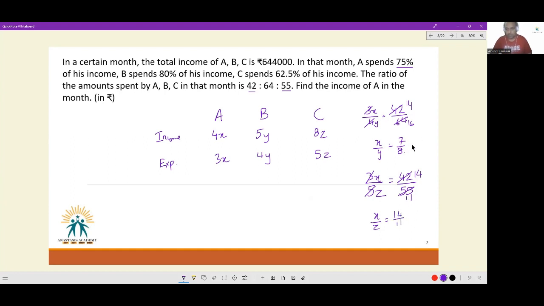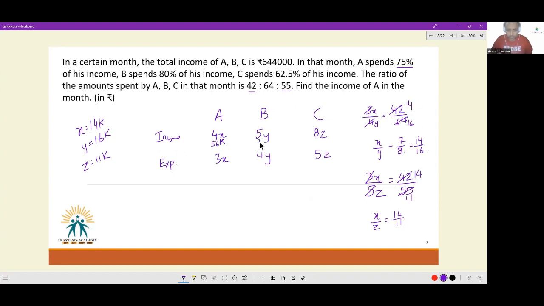Now we can go back to x by y and turn it to 14 by 16. So I can replace x with 14k, I can replace y with 16k, and I can replace z with 11k, which would mean their incomes will now become 14 into 4, 56k.